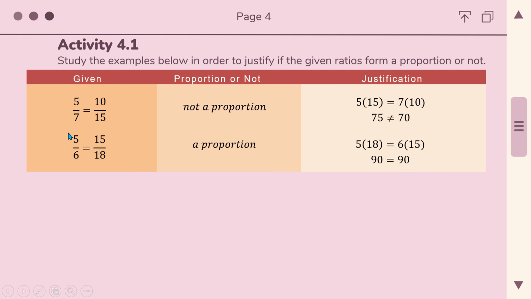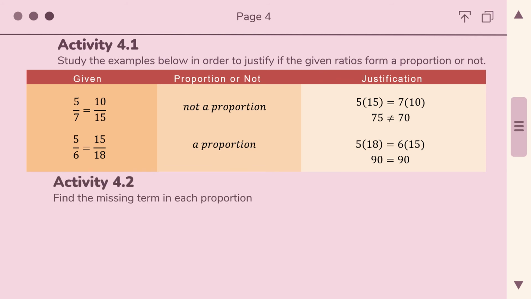Okay, we cross multiply first 5 and 18, then followed by 6 and 15. So 5 times 18 is equal to 6 times 15. 5 times 18 is 90, while 6 times 15 is also 90. So therefore, the two cross products are both equal. So therefore, these two ratios represent a proportion.